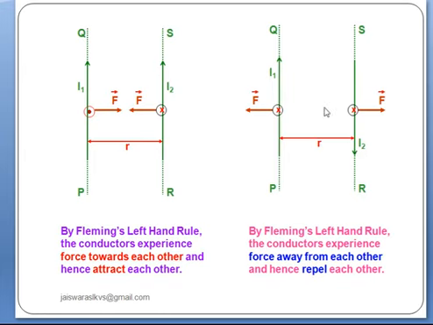So due to PQ at this location, the direction of magnetic field will be inward, and since the direction of current in conductor RS is downward, we can stretch our thumb downward, then the curled fingers give the direction of the magnetic field. So for conductor PQ, the direction of magnetic field is again inward.